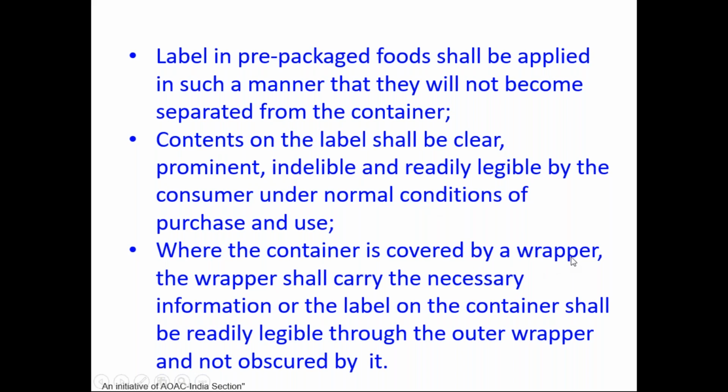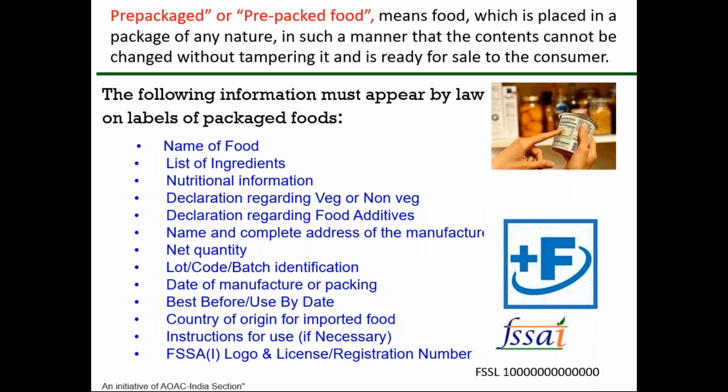If the container is covered by a wrapper, the wrapper is supposed to contain the necessary information on the label, and it should be legible through the outer wrapper and not obscured by it. So whatever label information has to be put onto a prepackaged food must be clear and legible.